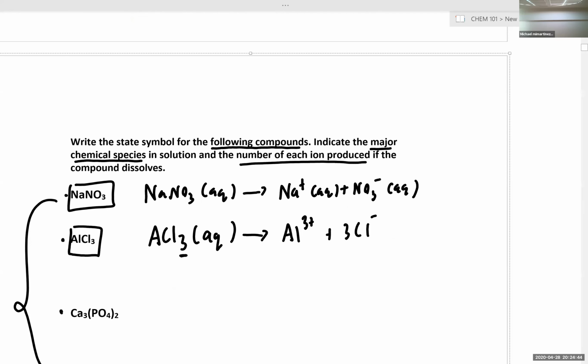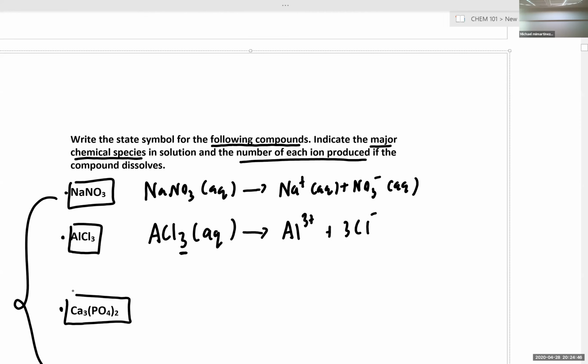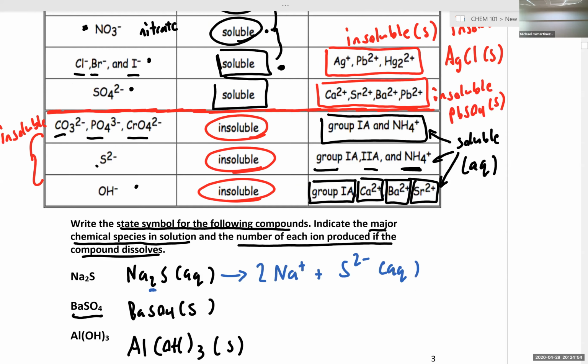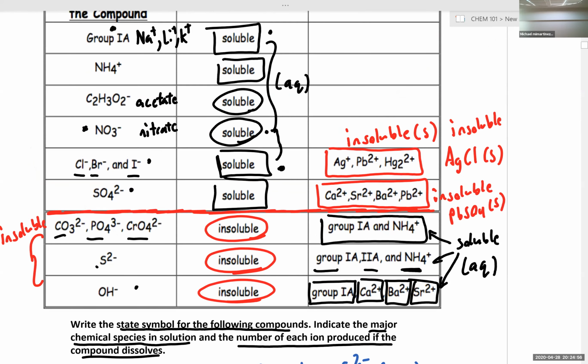Okay, let's do one more. Calcium phosphate, Ca3(PO4)2. So let's go to our table, and we find phosphate. Looking at our list, phosphate salts in general are insoluble with a few exceptions.